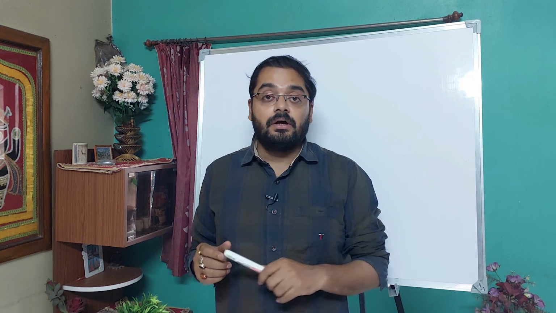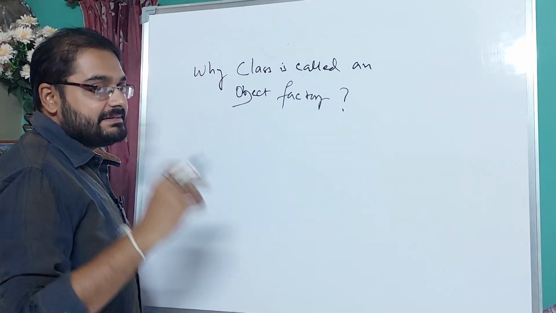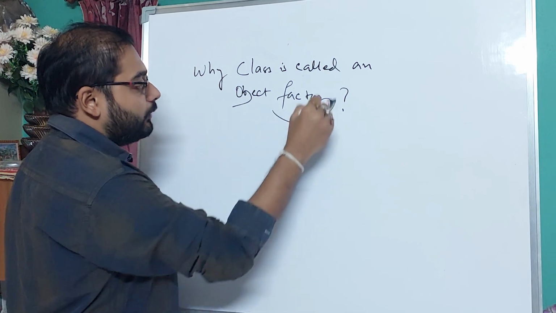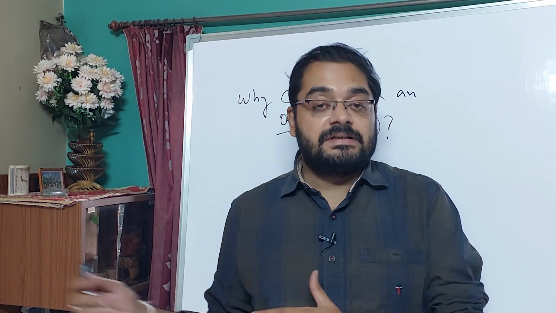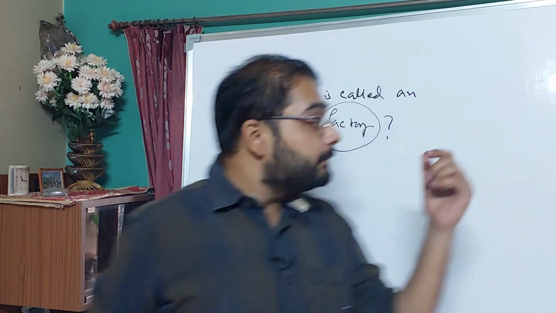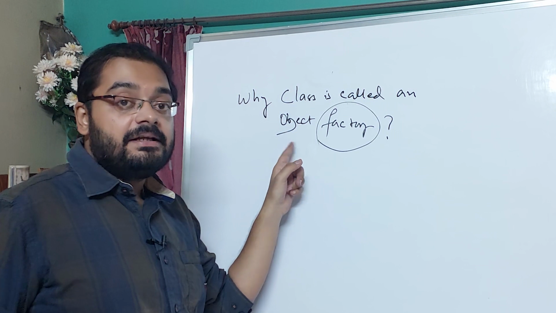Here is an important question, that is: class is called an object factory. It is a very important question for your board exam and your class exam also. Here we can see a new term, that is factory. What is a factory? Factory means a huge bulk of things manufactured there. From the class we can create objects in huge bulk.